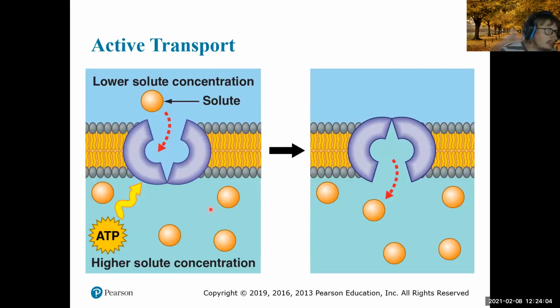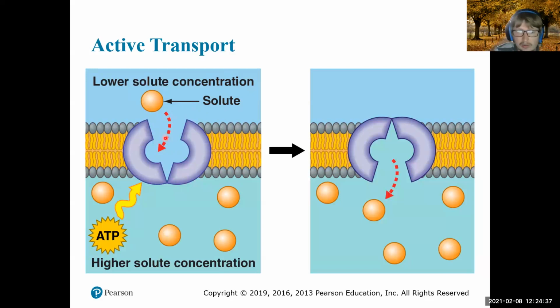And so here in this figure, we have an example where you have a high concentration of a molecule inside of a cell, and a low concentration outside of the cell. And the cell wants these molecules to move inside. So passively, these molecules will move from the inside of the cell to the outside of the cell. However, because the cell wants these molecules inside, we can use energy to bring that molecule in.